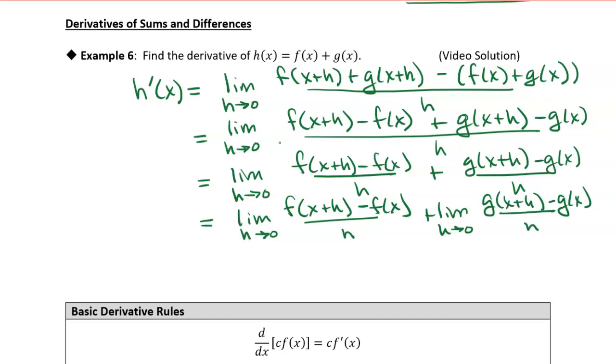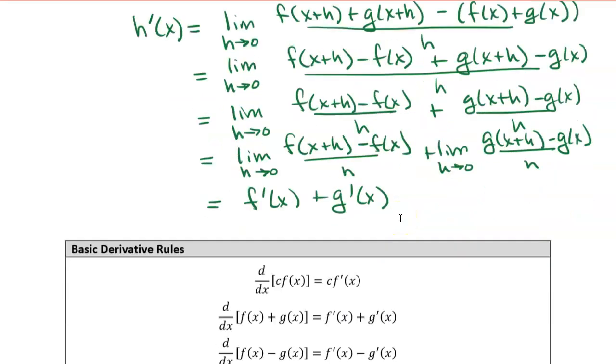And now you can see that this is just f prime of x plus g prime of x. All right. So when we take the derivative of a sum, we get the sum of the derivatives. All right, which is a nice result, kind of what you might expect. But you have to be careful because sometimes things don't turn out the way you expect. But now we've proved that it works.